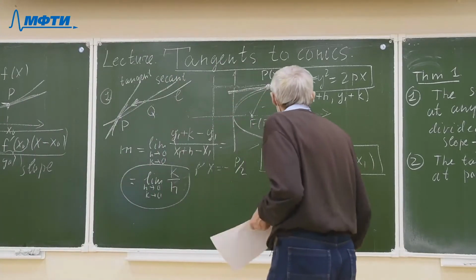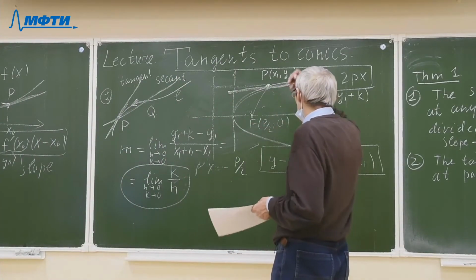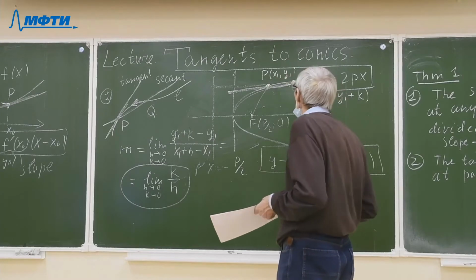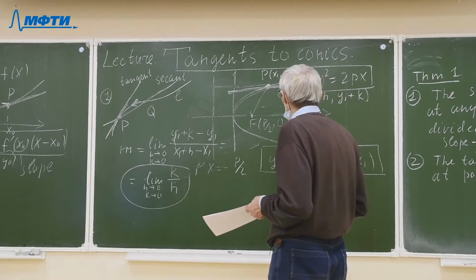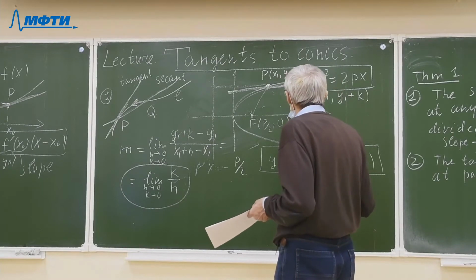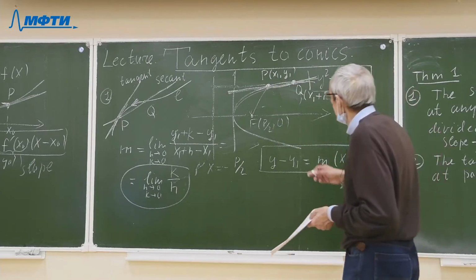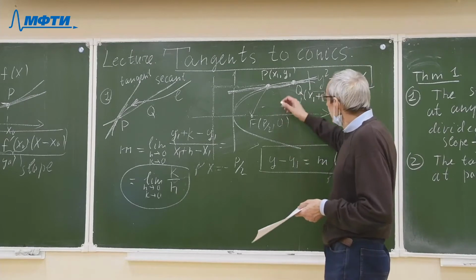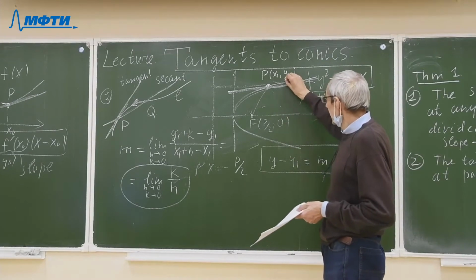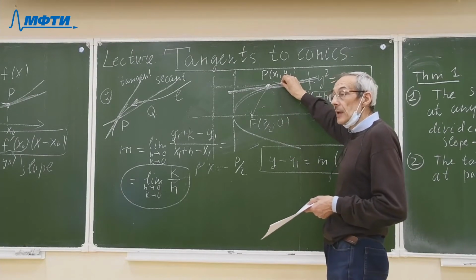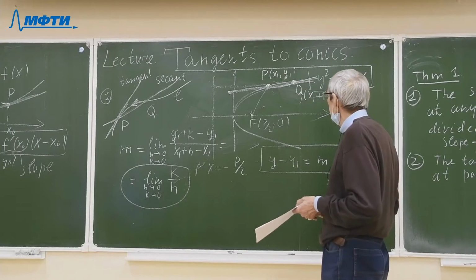Easy to see, because the point x1 and y1 lies on the parabola. The coordinates of these points satisfy the parabola equation.